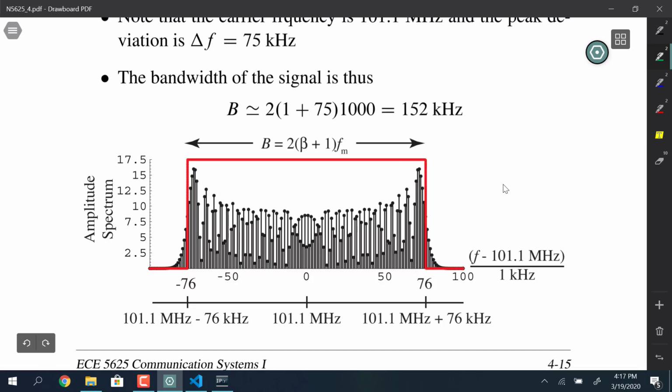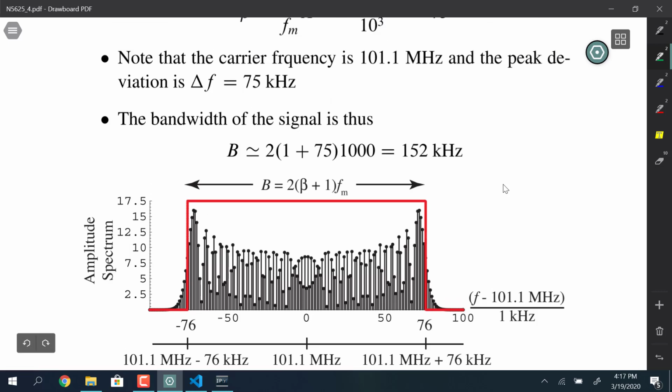This is kind of indicative of FM radio broadcasting, where we've got a deviation constant. The peak deviation of the carrier can swing up by 75 kilohertz and swing down by 75 kilohertz. And then the message bandwidth goes up to around 12 kilohertz maximum.